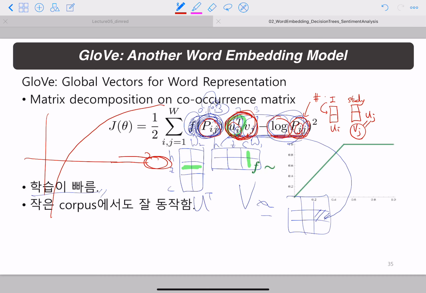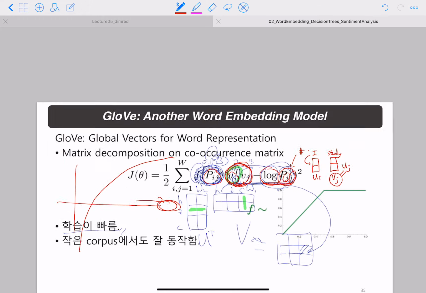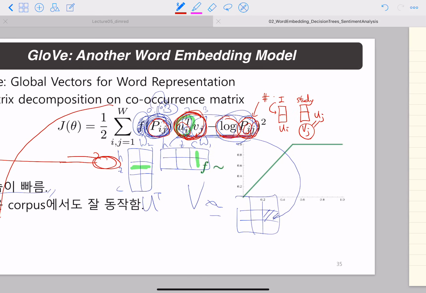So we want to fit the embedded vectors and their inner product to encode as much as possible the given similarity, which is represented as the log of co-occurrence. That is the main idea of this GloVe word embedding. Any questions?